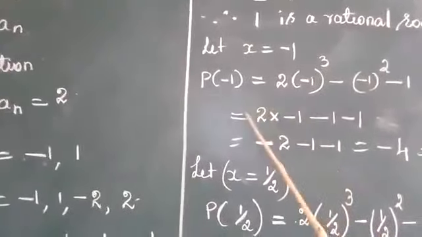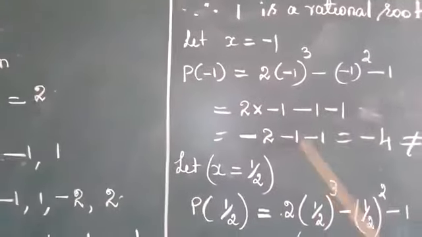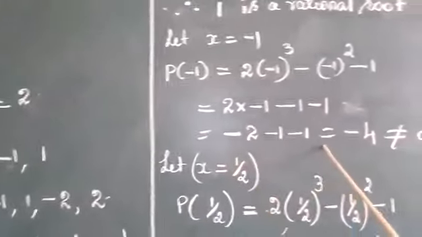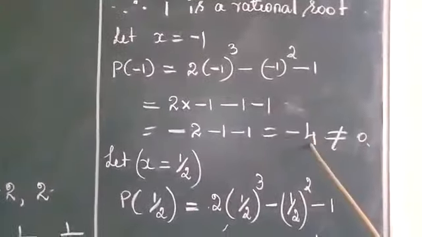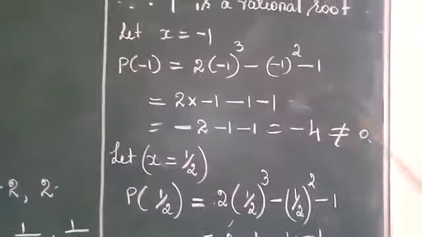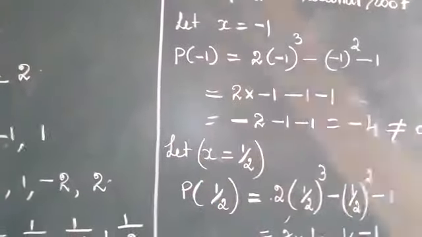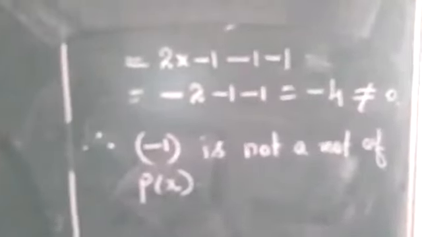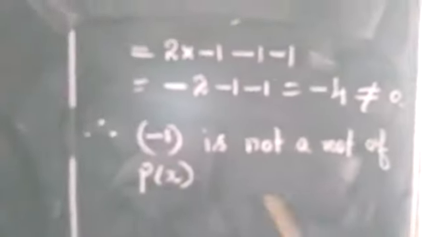Multiplying, we get minus 2, minus 1, minus 1. If we add all these, we get minus 4, which is not equal to 0. Therefore, minus 1 is not a root of p of x. Next we are going to try with x equal to 1 by 2.